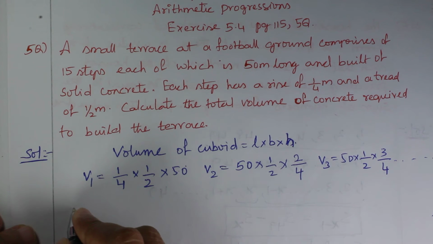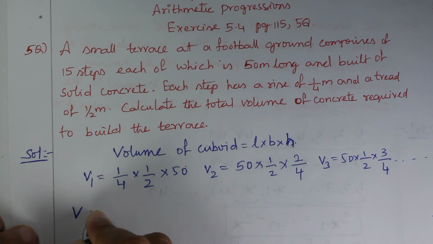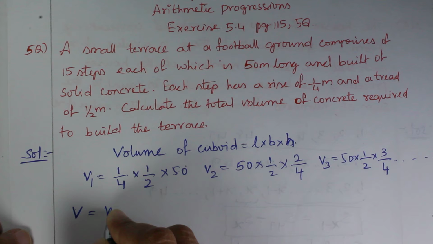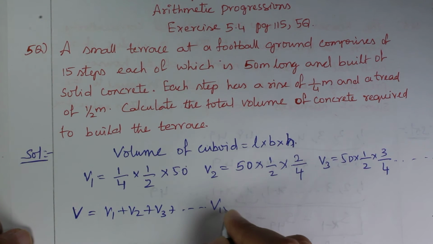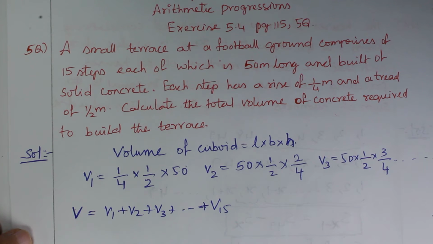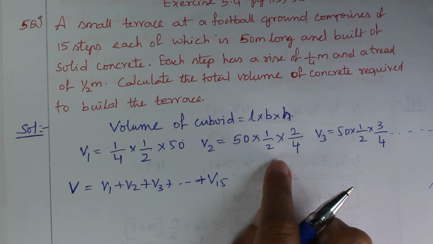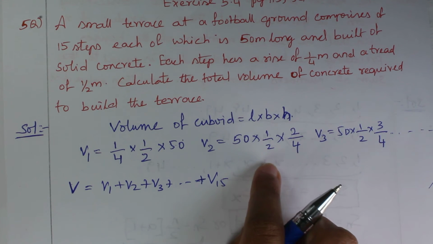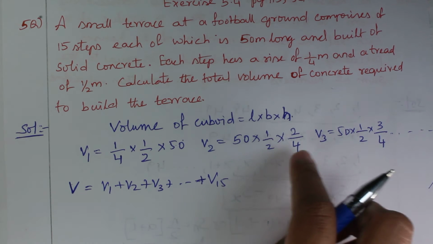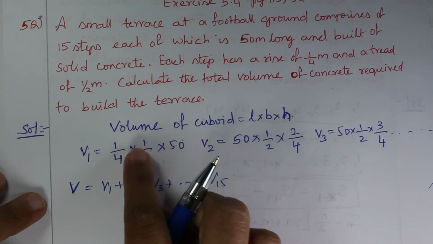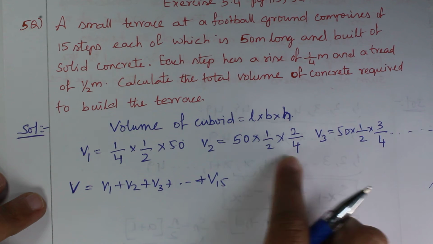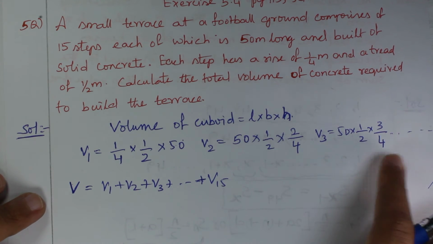Now we have to find the total volume of concrete required, that is V is equal to V1 plus V2 plus V3 till V15, as there are 15 steps. The only parameter that changes among V1, V2, V3 is the height of the step. The height of the step increases by 1/4 meter every time. So that's why I have taken 1/4 here, 2/4 here, 3/4 here and so on.